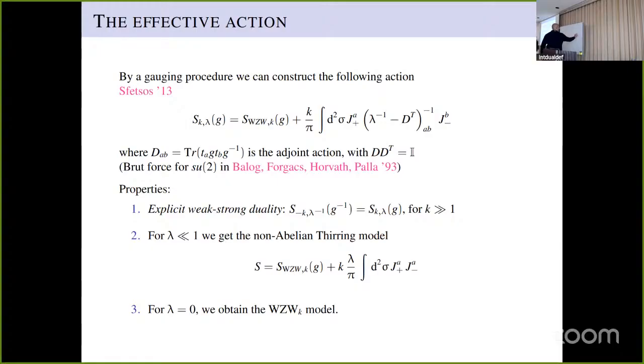So this is the G and the B: this is the metric of my target spacetime, and this is the corresponding two-form.